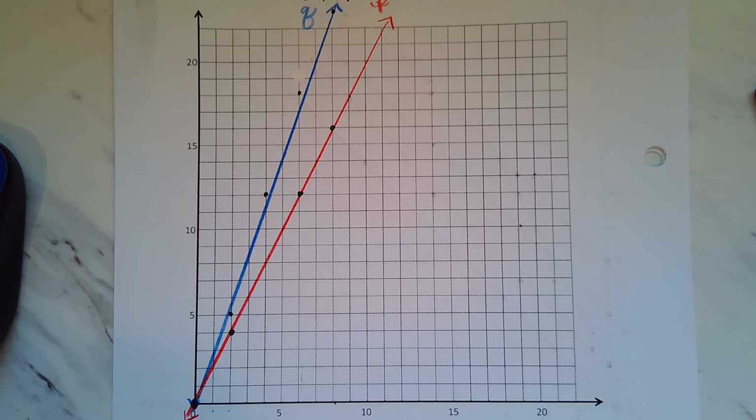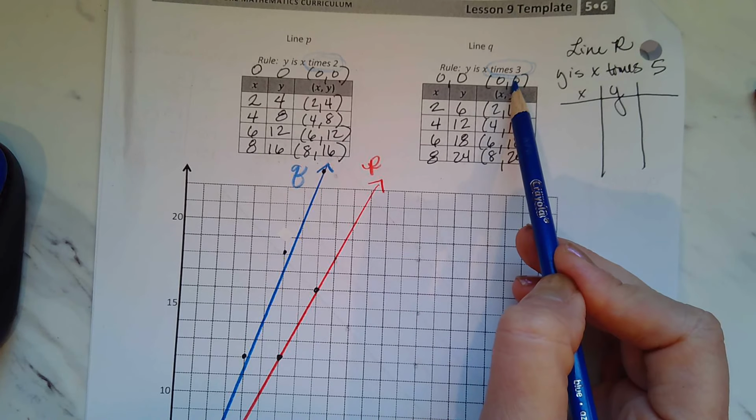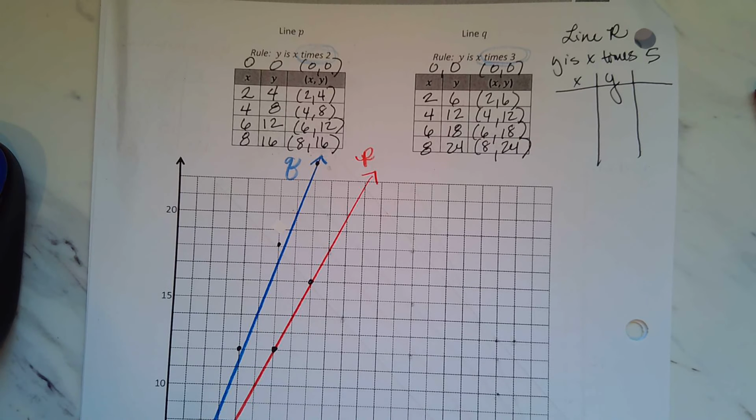It's steeper than line P. Line P goes up more gradually than line Q. Line P is not as steep because this goes up at a rate 2 times and this goes up at a rate of 3 times. All right, so you notice that line Q is steeper than line P.